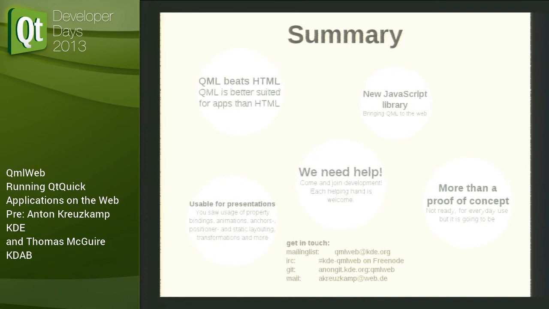In QtQML you have the C++ code and you have QML code, and those can communicate in an easy way. You can just call a C++ function out of QML and vice versa, and that could be doable in QML Web as well if we see the C++ code at the server.